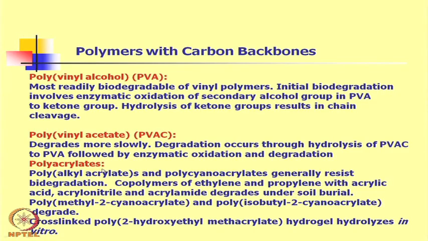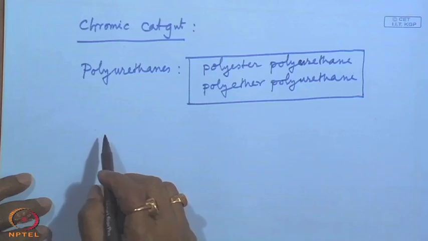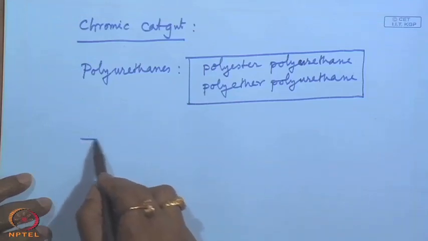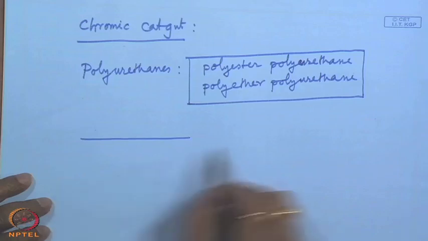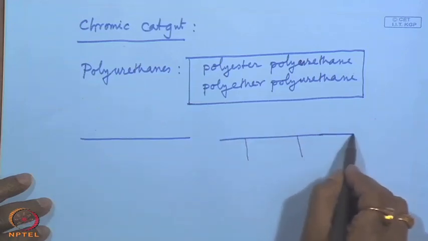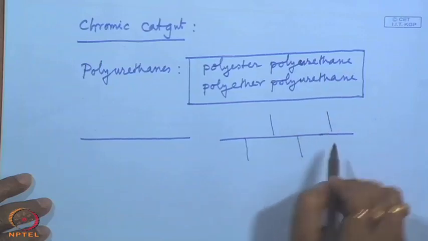Polymers with carbon backbones are also degradable. I showed that polymers containing degradable groups like ester, ether, amide along the backbone chain is one kind, and the other kind is the branched or side chains like this.